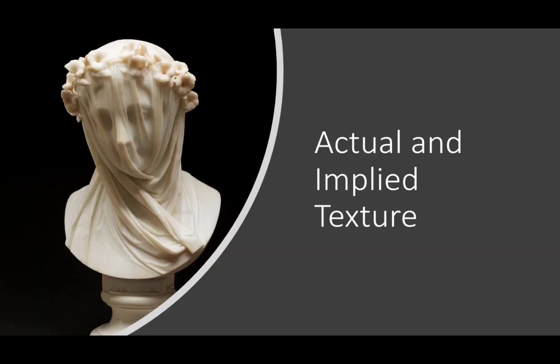Here's an example of actual and implied texture. The actual texture, if you're thinking of porcelain or marble, the stone, appears to be smooth and hard, and that's what we expect. Maybe even heavy too. And yet you have this veil, which is usually cloth, light and airy. The way they did this stone, with the veil, it almost doesn't look like stone.